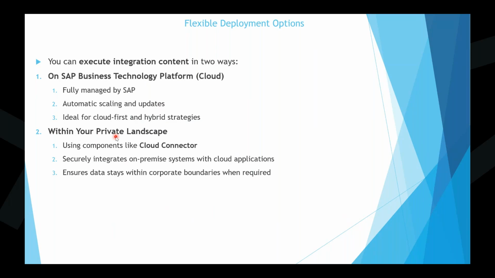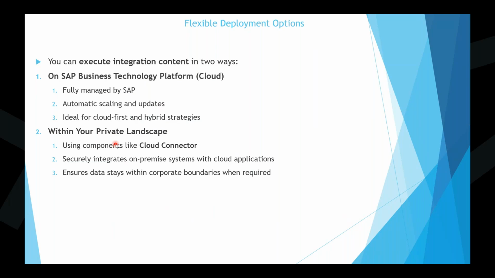Outbound only means your on-premises system connects to SAP cloud, with no inbound firewall ports needed. Through this tunnel, cloud integrations can reach your on-premises system like SAP S4HANA.